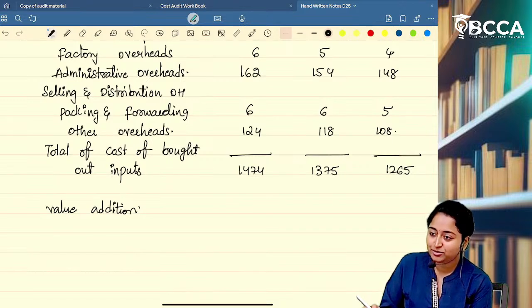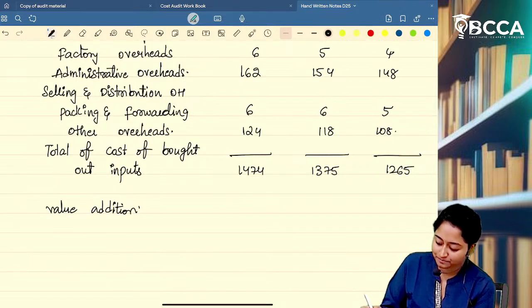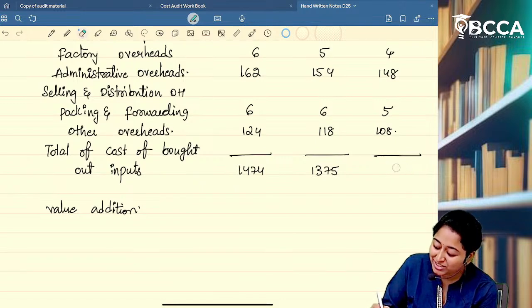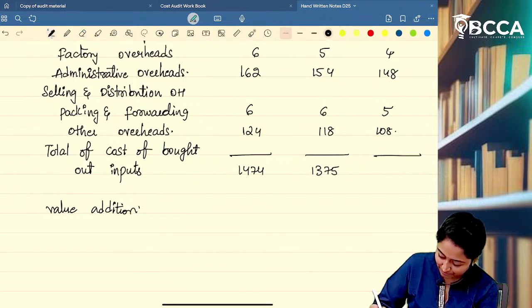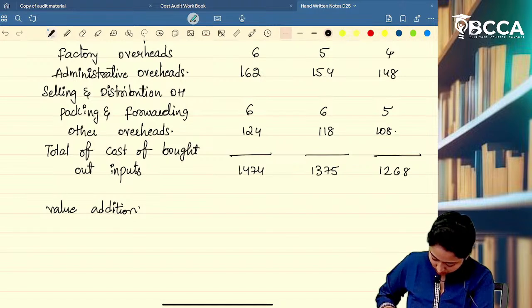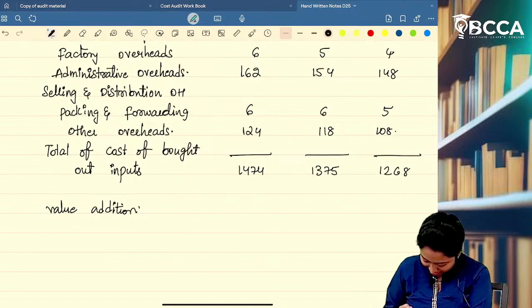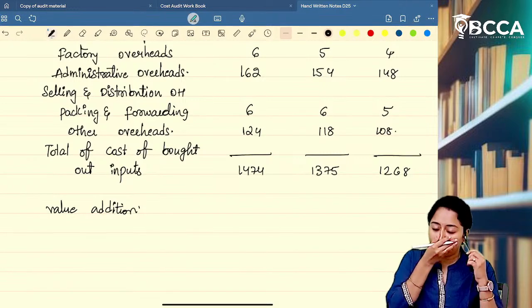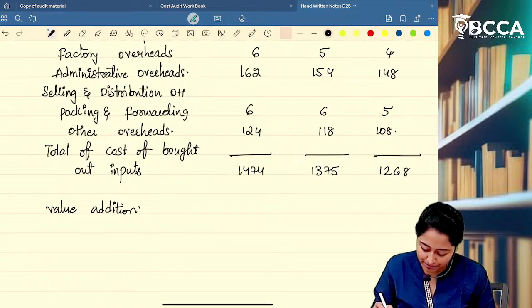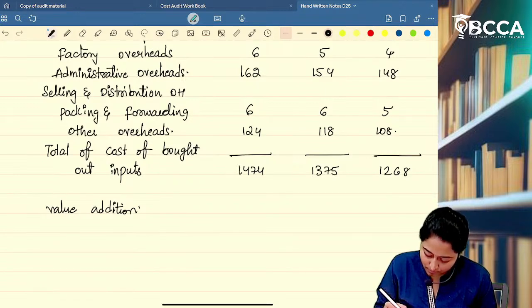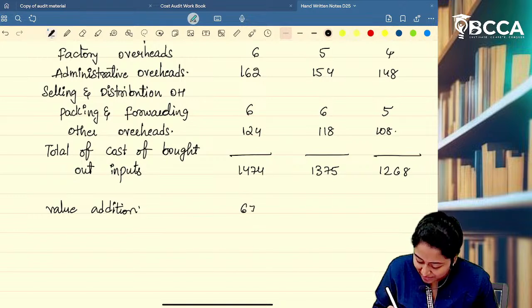What, 2682? 1268. Maintain the pitch. You're starting from there and ending in the lowest. Now, value addition. 671.